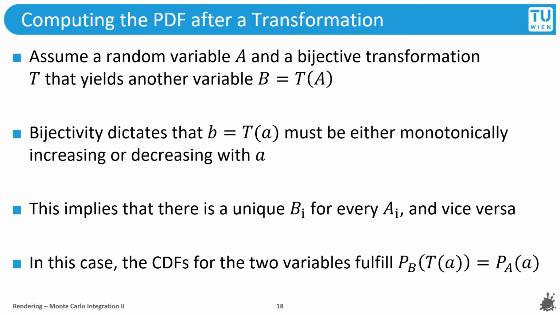This in turn means that we can find a unique output value for every input value and vice versa. Consequently, we find that the output of the CDF of the transformed random variable for a transformed value T of A is equal to the CDF of the original random variable capital A for a value A.